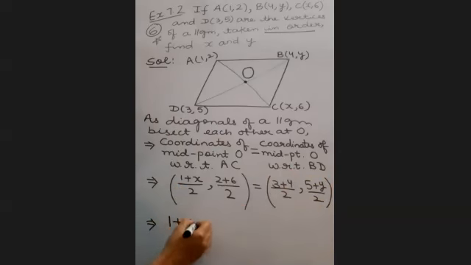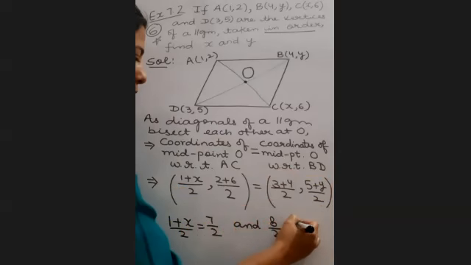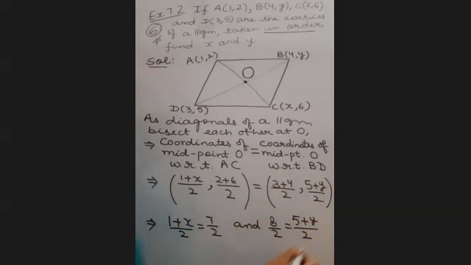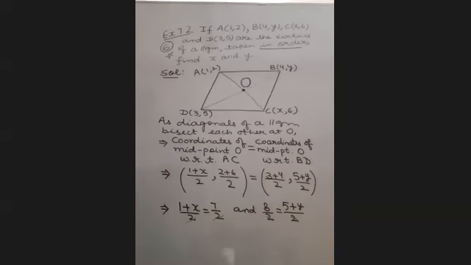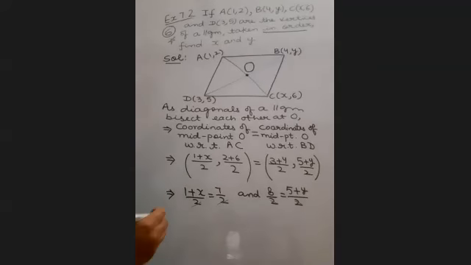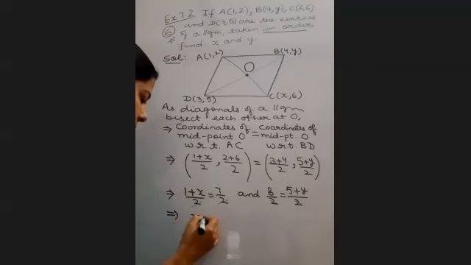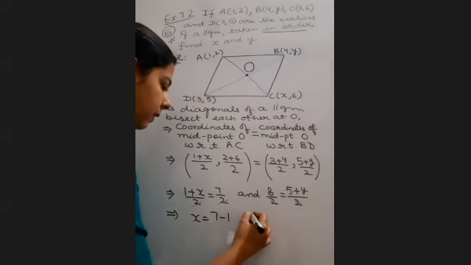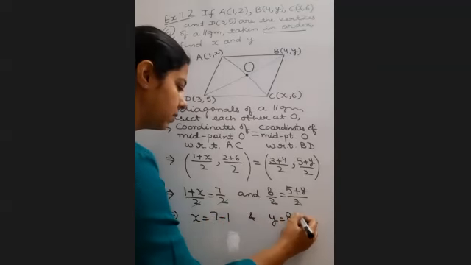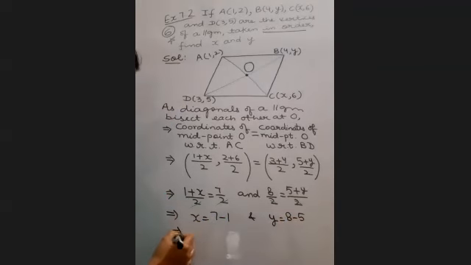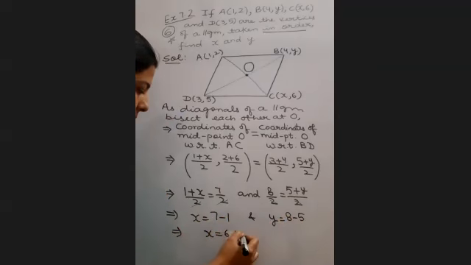So that means (1 plus x) upon 2 is equal to 7 upon 2, and 8 upon 2 is equal to (5 plus y) upon 2. All the 2's will get cancelled in the denominator. So, what is x? X is equal to 7 minus 1, that is 6, and y is equal to 8 minus 5, that is 3. So, x is equal to 6 and y is equal to 3.